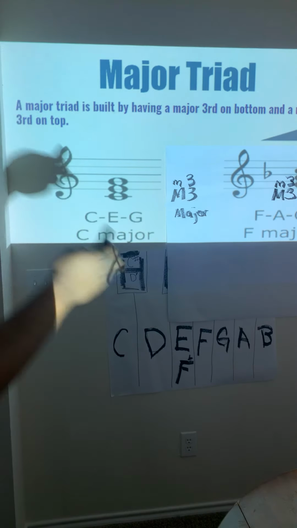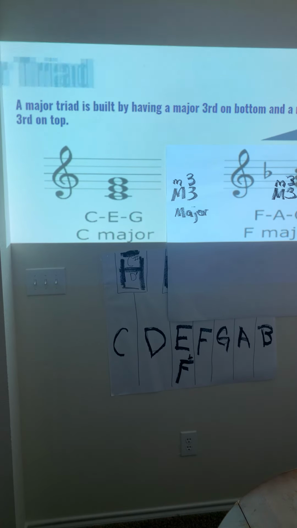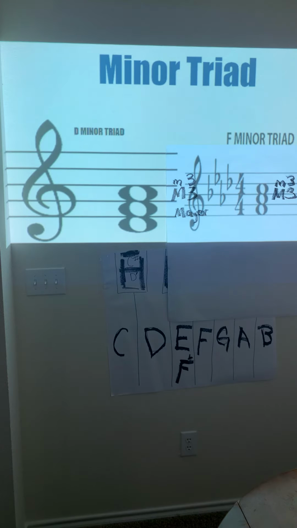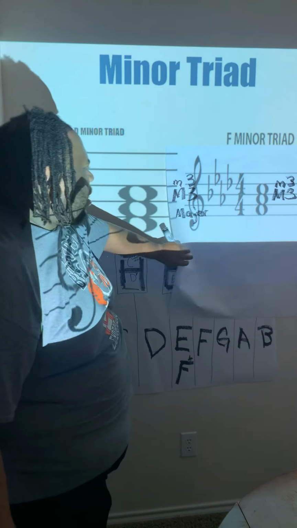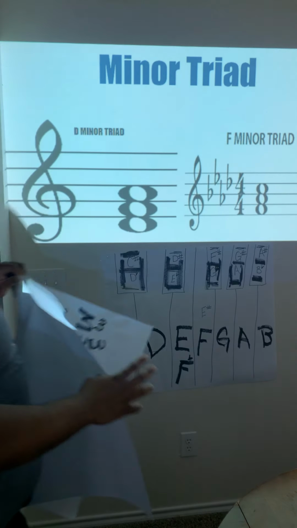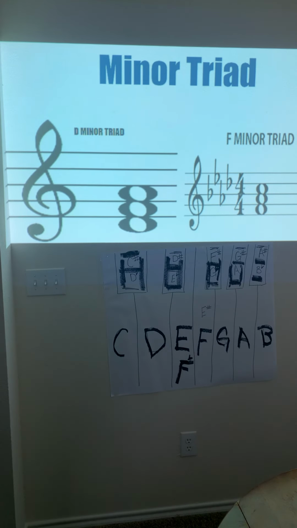Now, what's interesting about this is that a minor triad, I'm going to see if I can, because I have limited supplies while on isolation. I have to try to use as much resources as I have, so you guys bear with me.